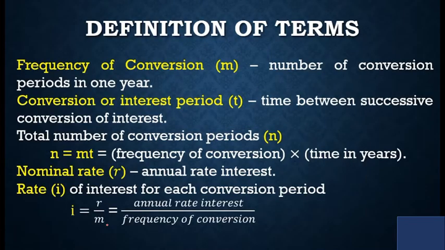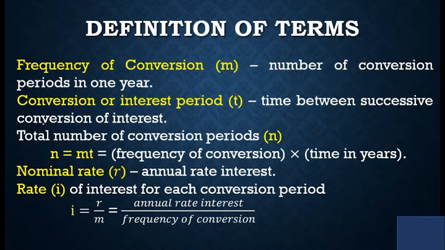Next. So, the definition of terms. The frequency of conversion is M, the number of conversion periods in 1 year. The conversion or interest period is the time between successive conversions of interest.